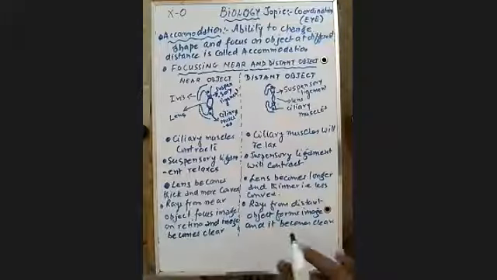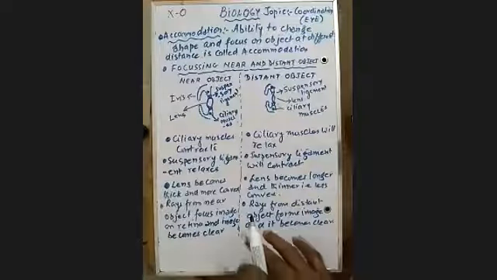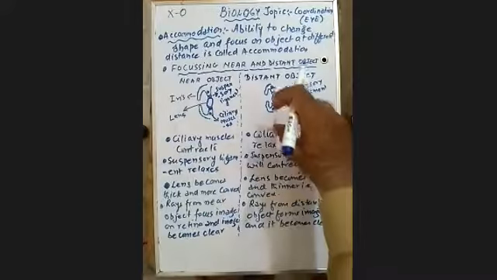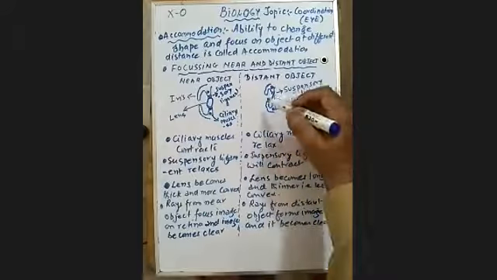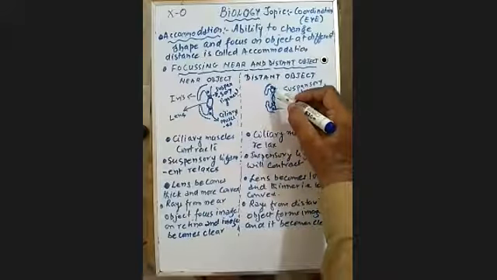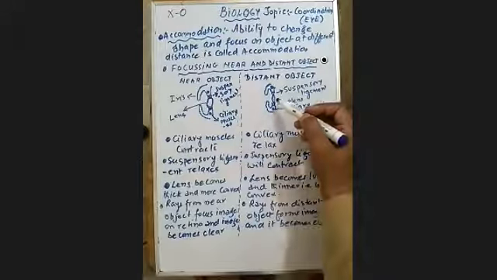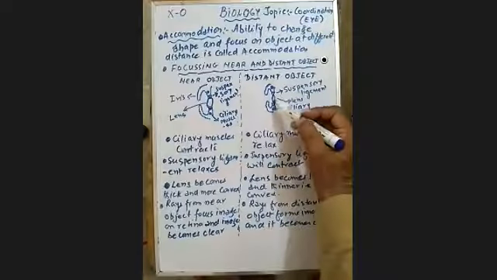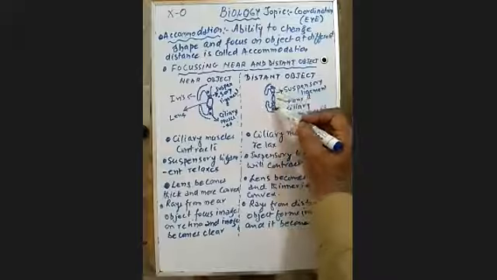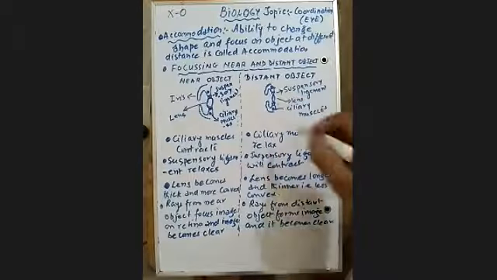How will the focusing be done for the near object? You see, this is the front part of the eye: iris, lens, ciliary muscles, and suspensory ligament. The suspensory ligament is holding the lens together on the upper side and the lower side, and the ciliary muscles are below that in the body of the iris.